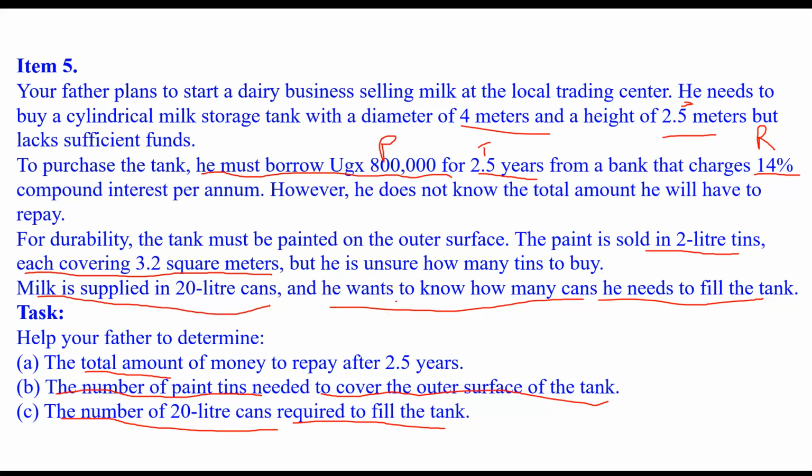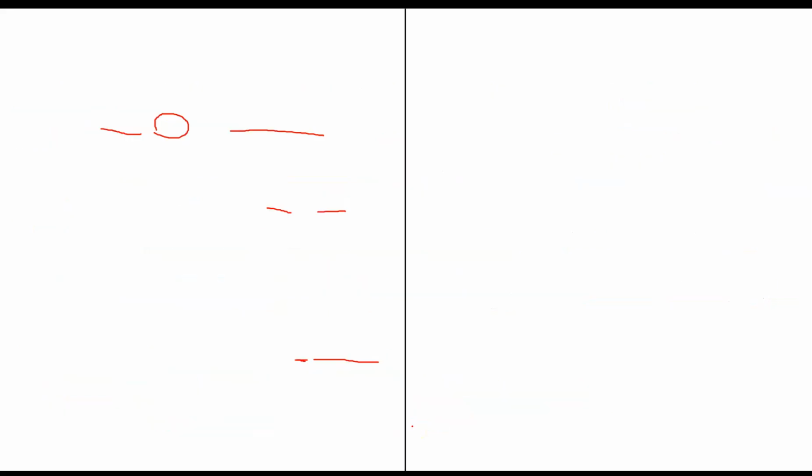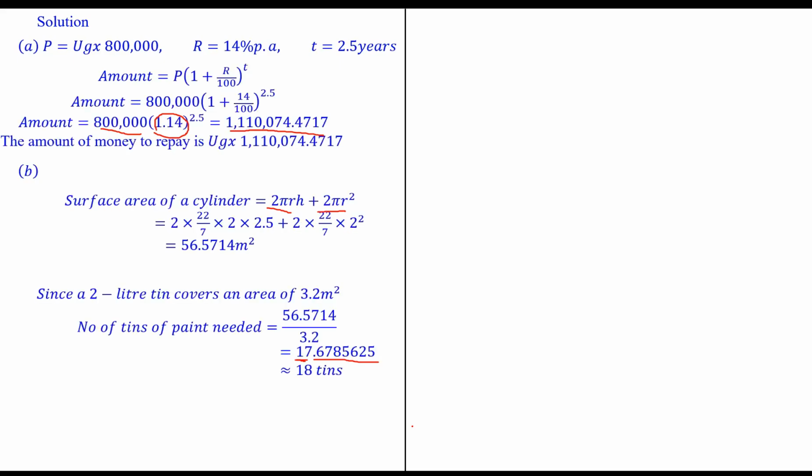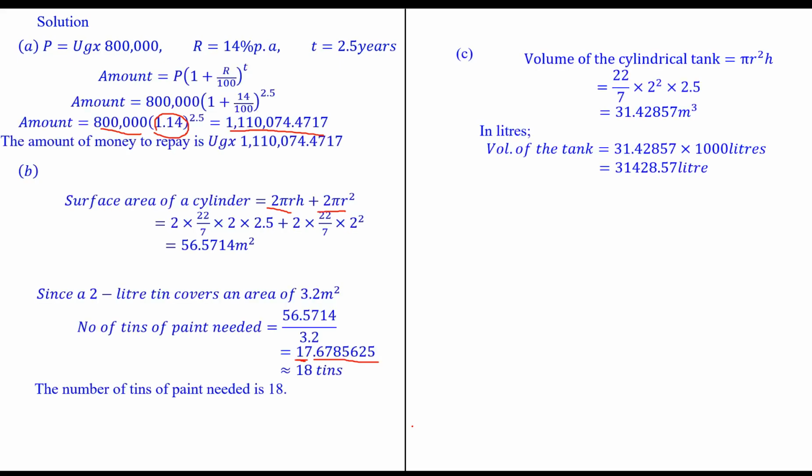After getting the volume of the tank in liters, we shall divide by 20 to get the number of 20-liter cans that can fill the tank.